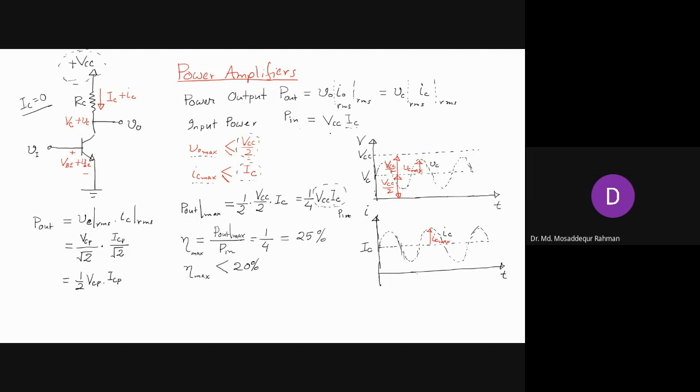Because if you can make IC 0, then P in can be zero. So here in the circuit, we're assuming that IC is 0.